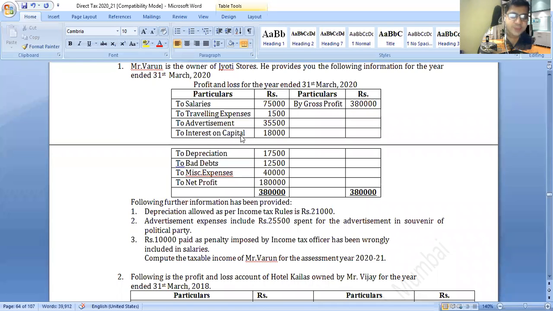interest on capital 18,000. Now see friends, here Mr. Varun is the owner of Jyoti store, and he had borrowed a loan for his own purpose, and he has paid interest on the borrowed loan. So it is not a business expense, interest on capital.